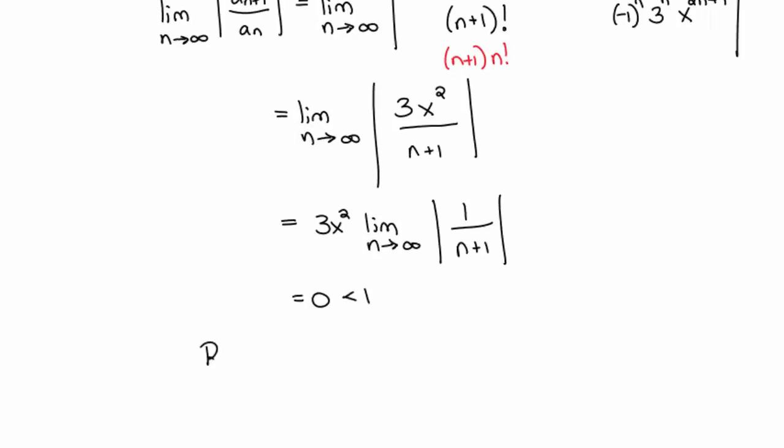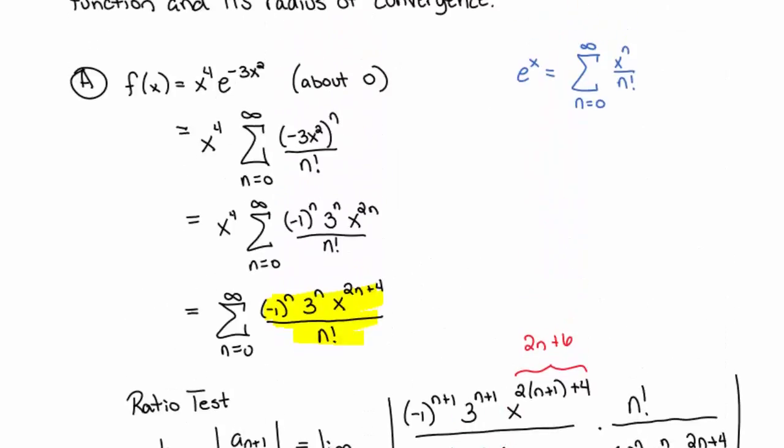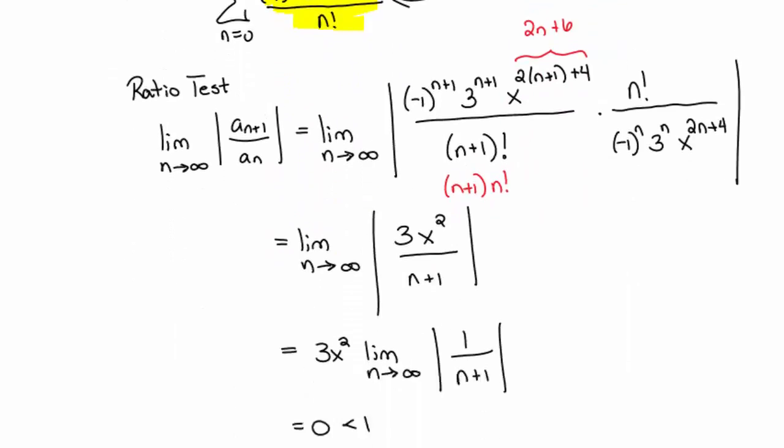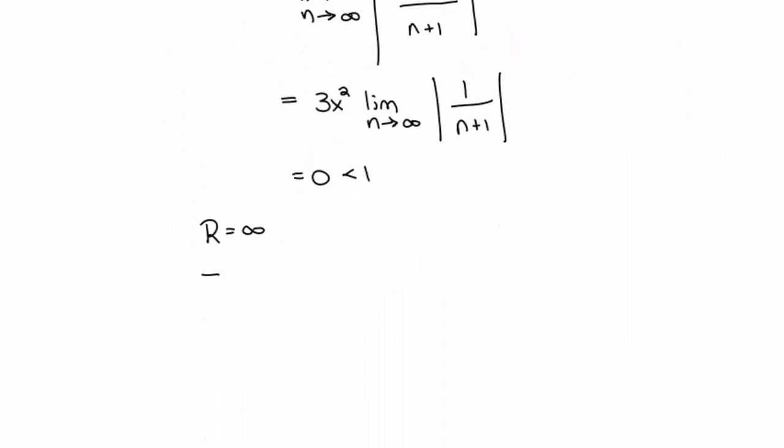So our radius of convergence is infinite because, again, we can use any value of x. In other words, this function turns into this power series, and the radius of convergence of that power series is infinite, or in other words, the interval of convergence is negative infinity to positive infinity.